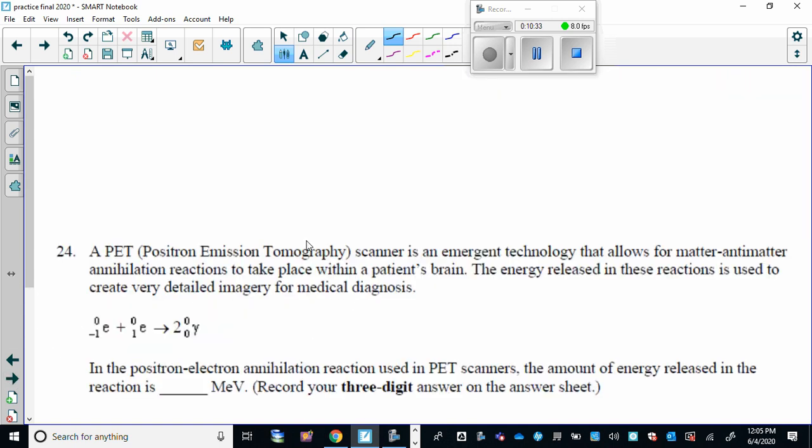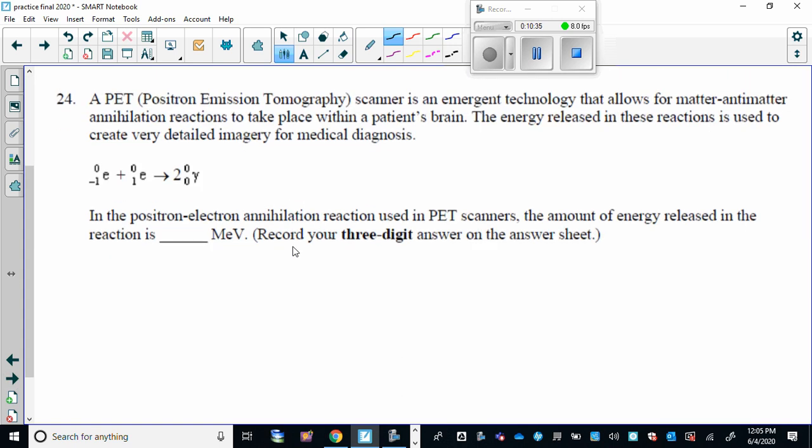Okay, and last one. The last one talks about PET scans, positron emission tomography, and we're just asking if this is a positron-electron annihilation. So a positron meets an electron, its antimatter particle, and they annihilate each other and become all energy, and they want to know how much energy is released in this reaction.